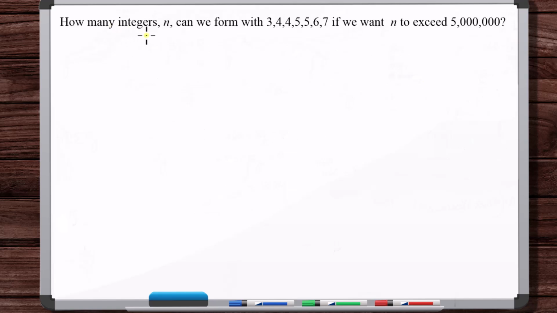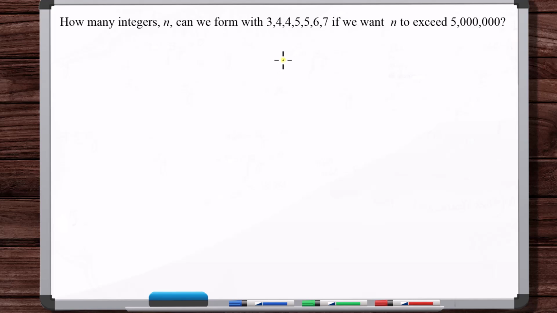How many integers can we form with these integers if we want n to exceed 5 million? Okay, so there's 7 digits in 5 million, and we've got 1, 2, 3, 4, 5, 6, 7.